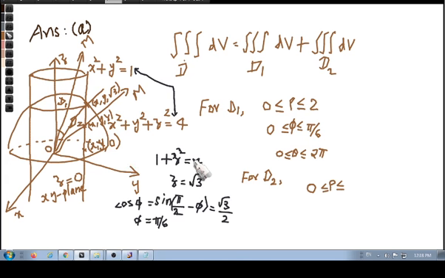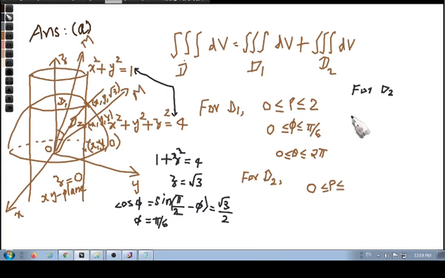So I will write here for D2, on the other side of the board. For D2, look at the point x comma y comma z. So what is the distance of that point from the origin?